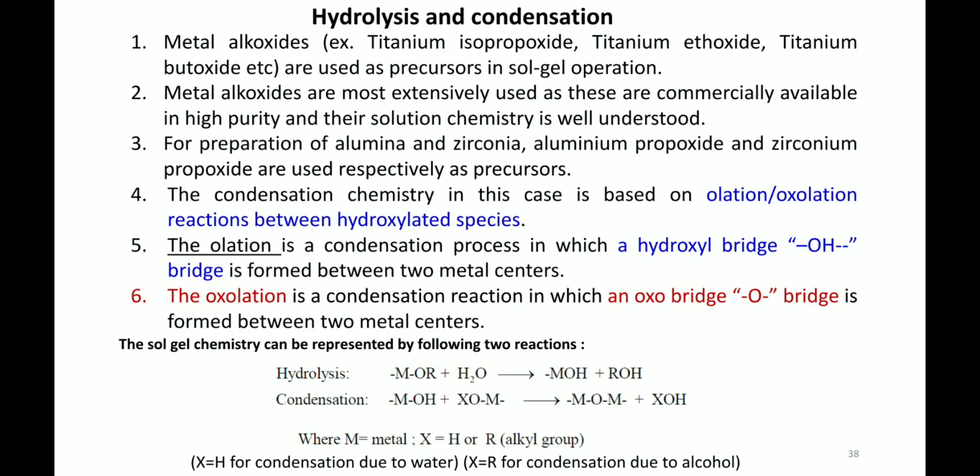Now, as far as the sol formation is concerned, and gel conversion. Okay, so the step is from precursor solution to sol formation, and after that there is a gel formation.